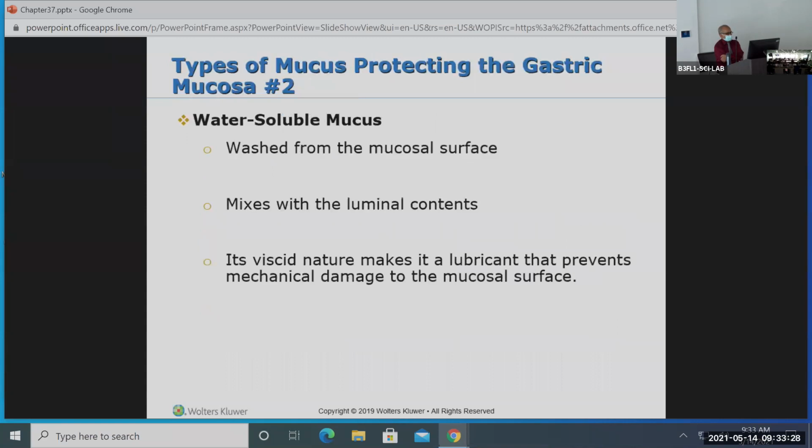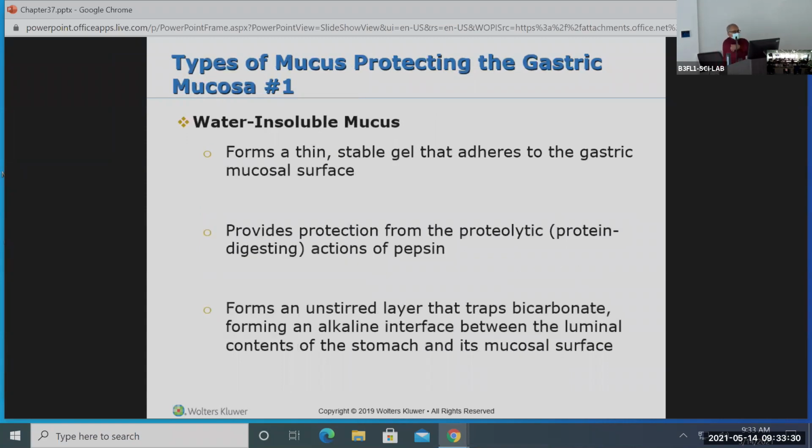Let me go back. Water insoluble mucus. Please remember, this water insoluble mucus forms a thin, stable gel that adheres to the gastric mucosal surface.